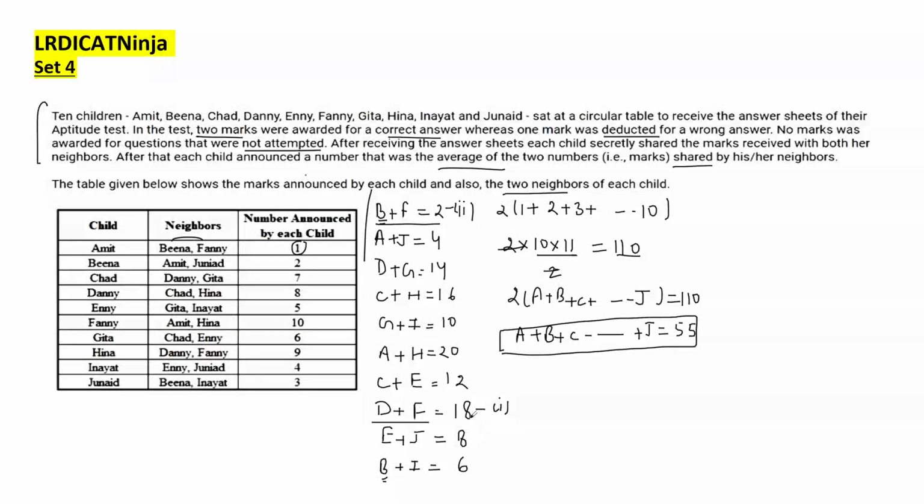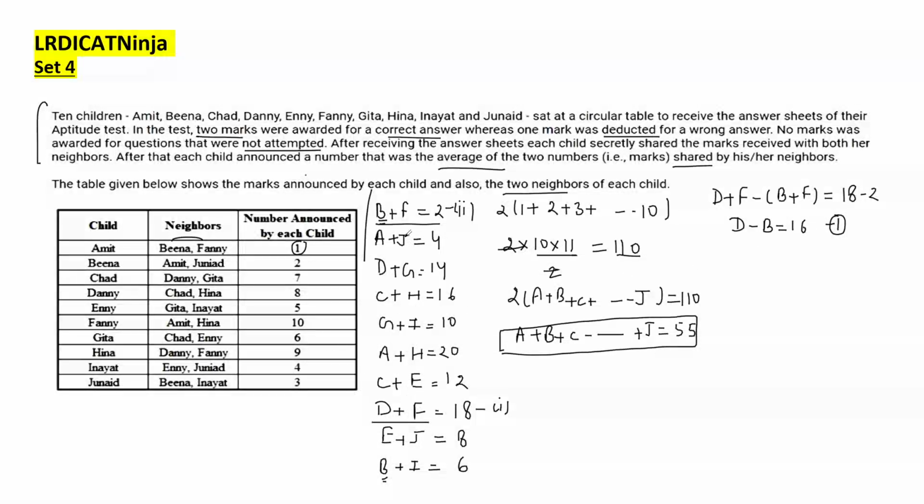If I subtract the second equation from the first equation, so definitely F will be cancelled, and I'll get the value of D minus B, that is 16.